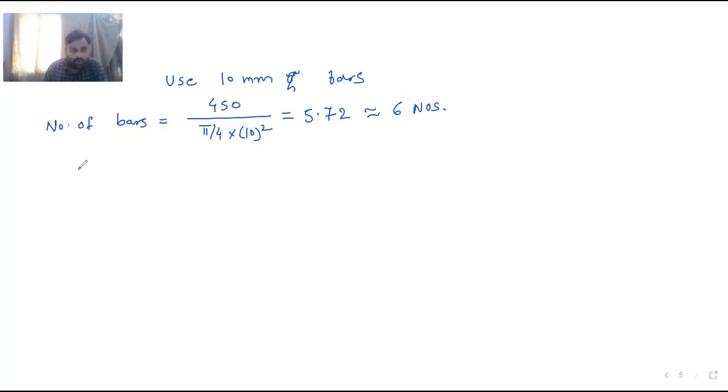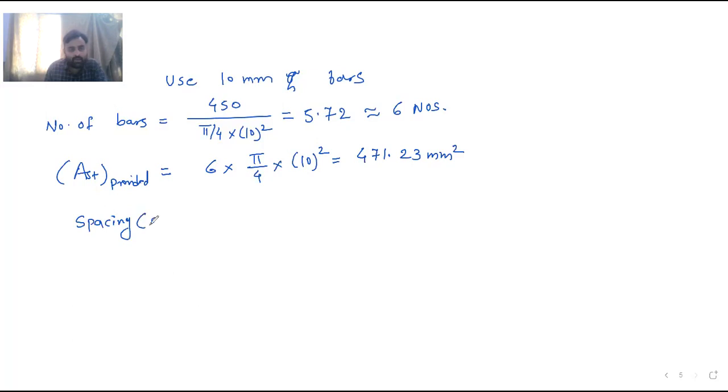So calculate the Ast provided. Ast provided is equal to 6 bars we are going to provide, each of bar diameter 10. So this Ast provided will be 471.23 mm square. Now calculate the spacing.